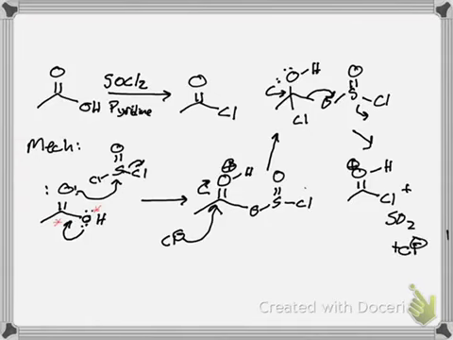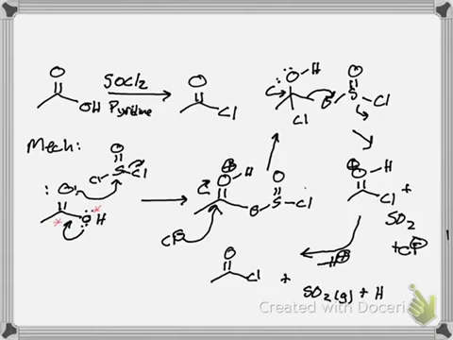And all we have to do now is remove that proton. Now, there are several ways you can do it. The pyridine would probably do it. The chlorine could too, but it would disassociate right away again. And there's what you make. You make your acid chloride plus SO2, which is a gas, plus hydrogen chloride in one form or another.